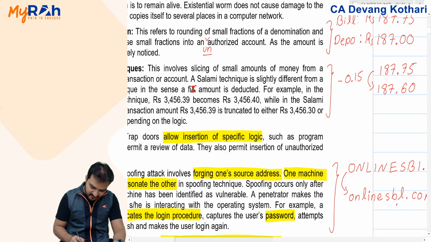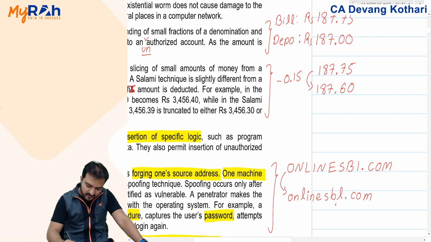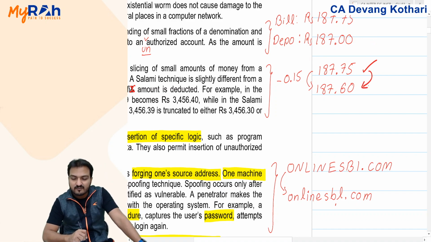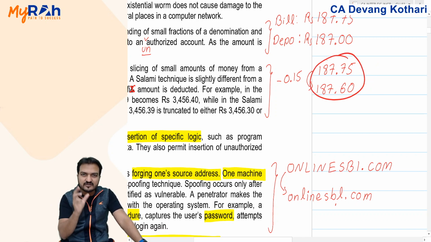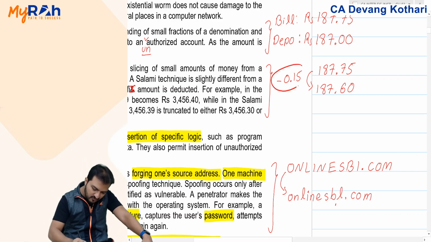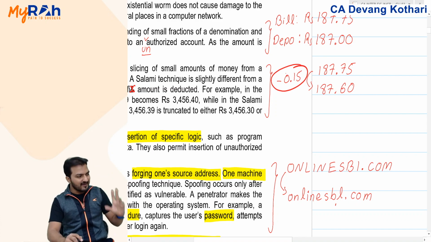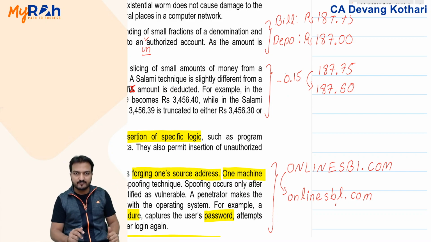Rather, this was the difference: instead of 187.75 being converted into 187, that 187.75 might be converted into 187.6, meaning from every number like this, a fixed fraction is removed. Now that fixed fraction, 0.15, that was removed, is transferred to the bank account of some fraud, or to the bank account of that software developer.